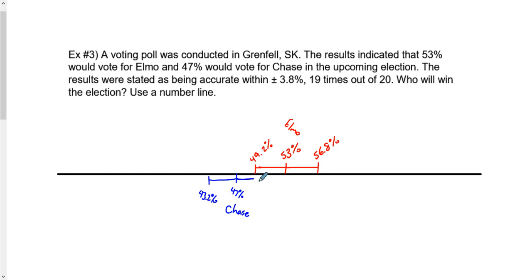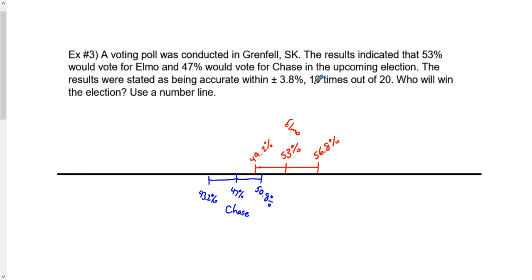If we added 3.8, it's 50.8. So what all this means is the votes for Elmo could be all the way up to 56.8, or it could be all the way down to 49.2. The votes for Chase could be all the way up to 50.8, or all the way down to 43.2.